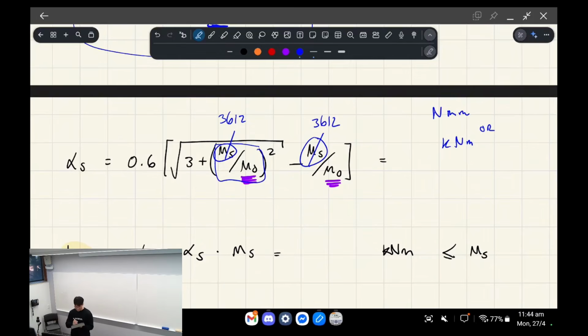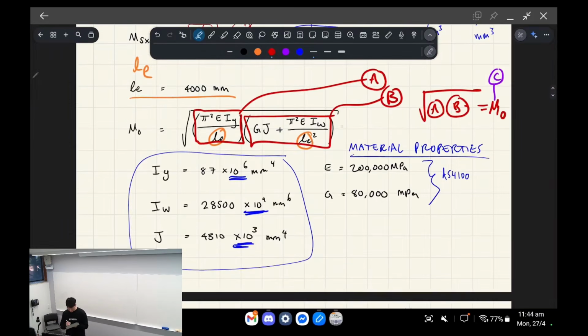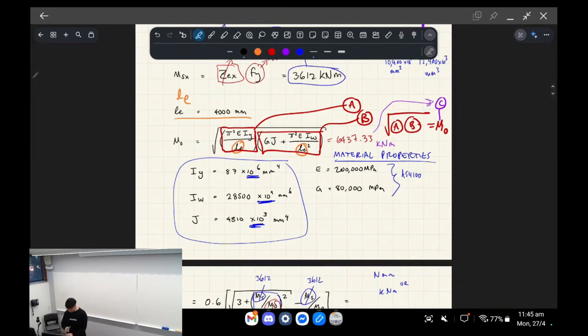Your reference buckling moment, did I compute it earlier? Sorry, I didn't. Basically, that one was 6,437.33, and that's what you would store as C on your calculator. That's in kilonewton meters, because I would have computed it and then multiplied it by 10 to the negative 6 to get it into kilonewton meters.